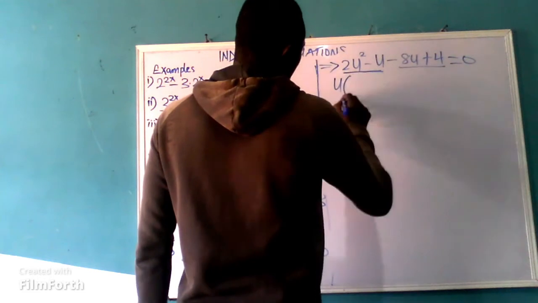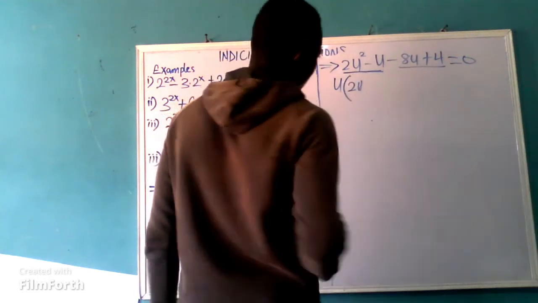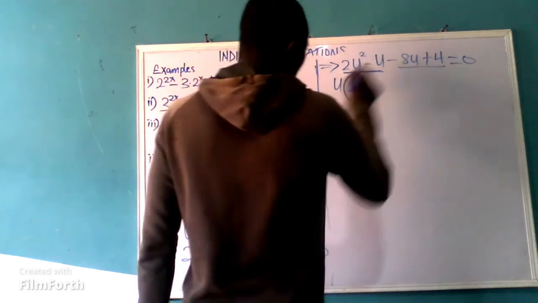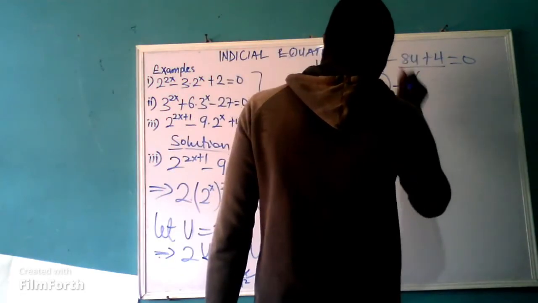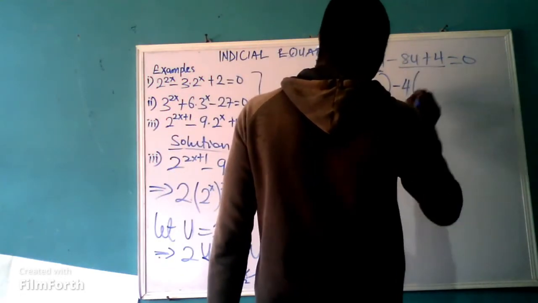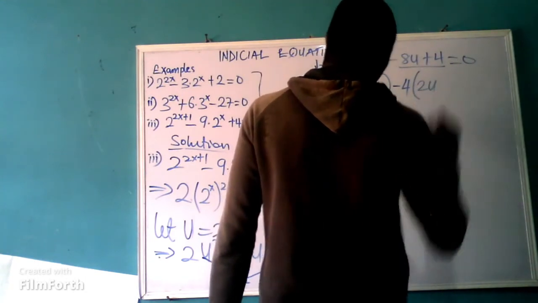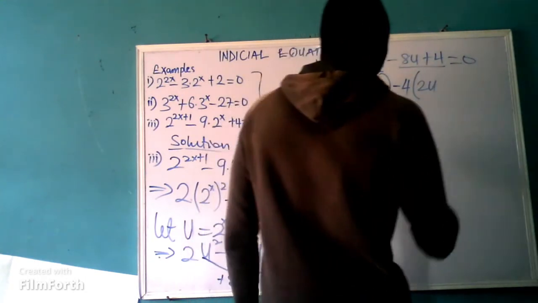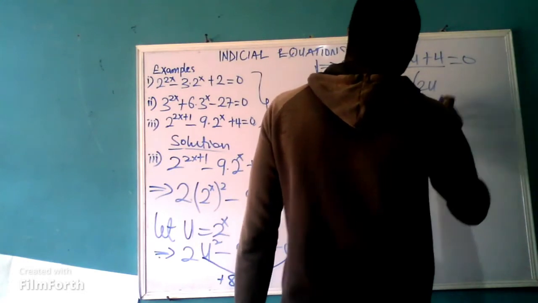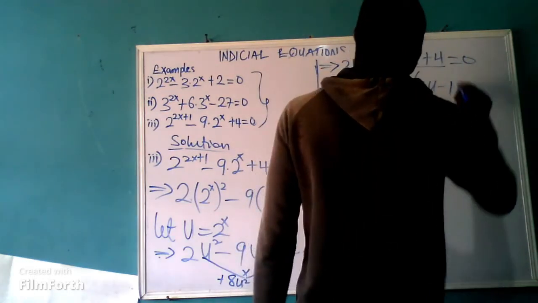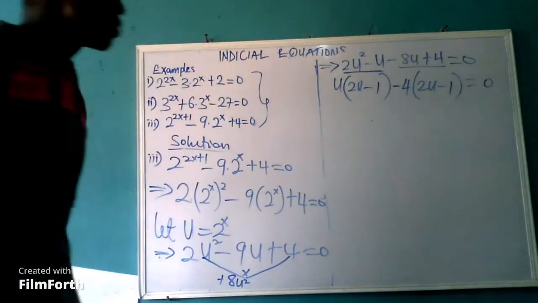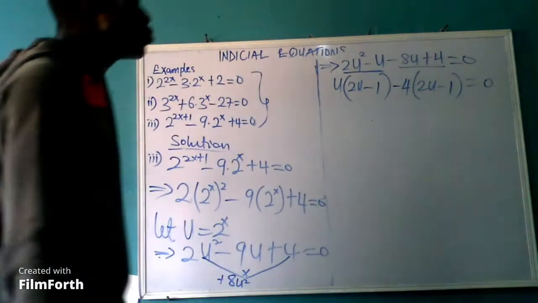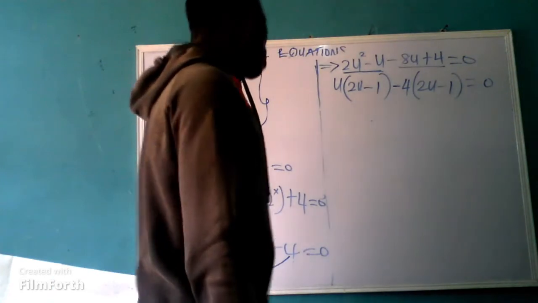u into 2u squared will give you 2u. u in minus u will be minus 1. Negative 4 in negative 8u will be 2u. Negative 4 in positive 4 will be negative 1. Everything equal to 0. If you look very well, we are having two brackets that are common.